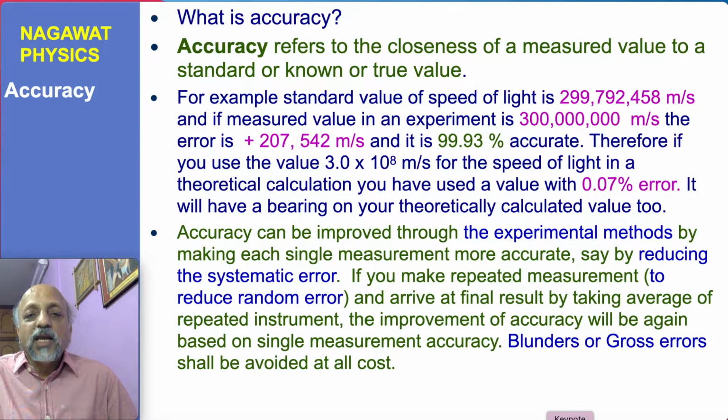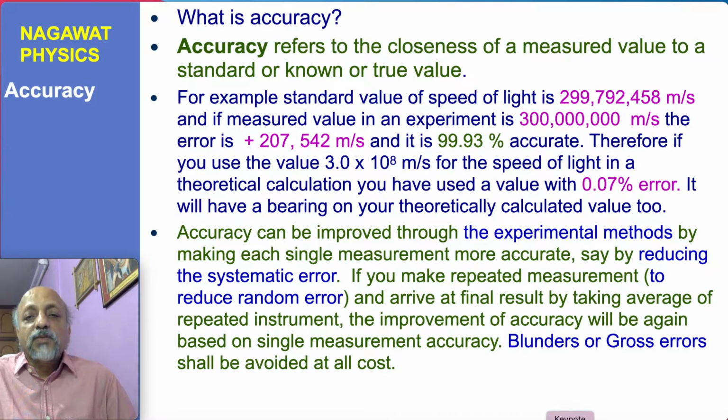But in actual case, what we find is that the measured value is close to it but not equal to it. So accuracy refers to how close the measured value is to the standard or norm or true value. I will give you an example.